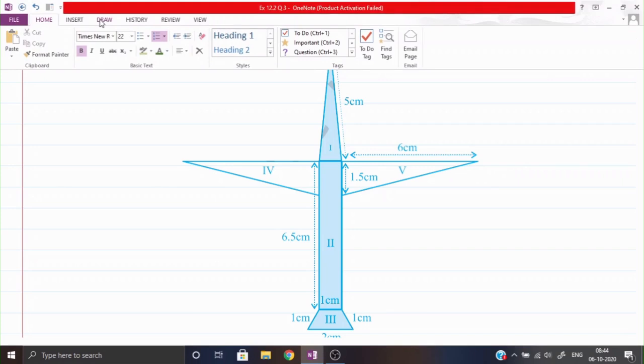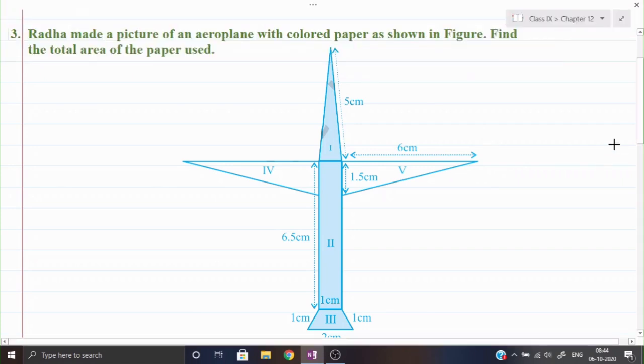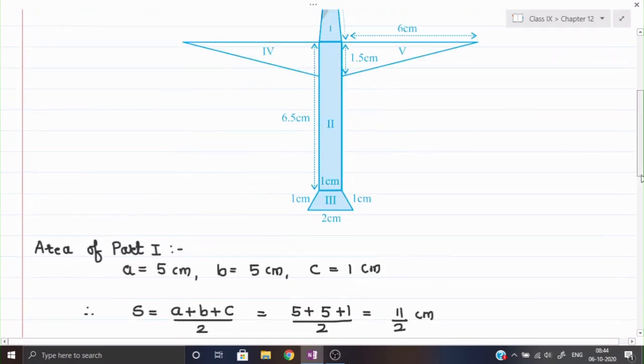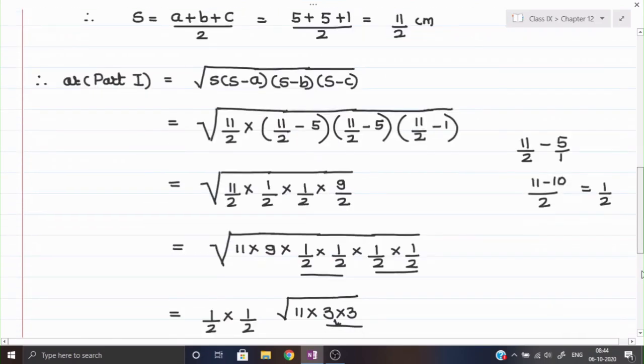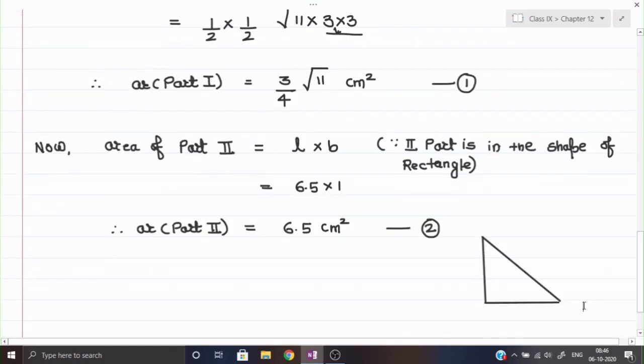If I locate part number 5, first of all we will make one figure here to clarify. As you can see, I have drawn one triangle over here. So this is the perpendicular actually. The base I have taken here as 1 centimeter.